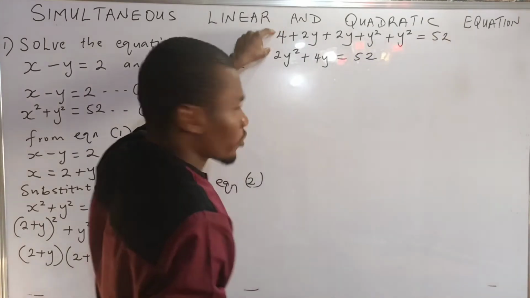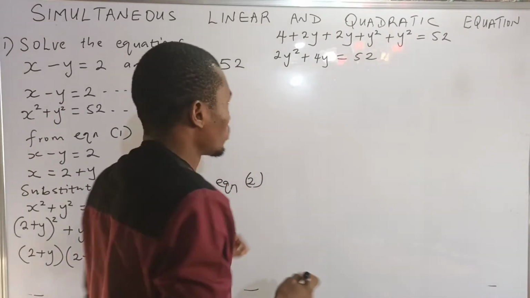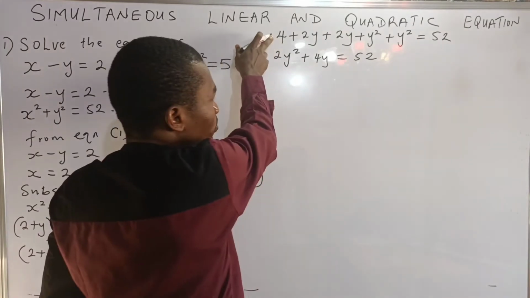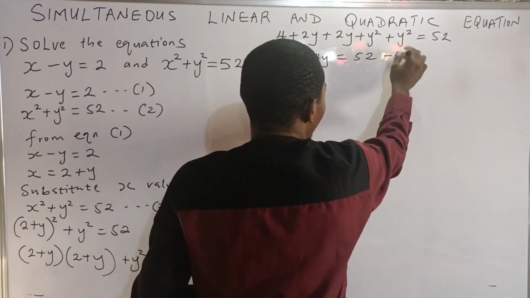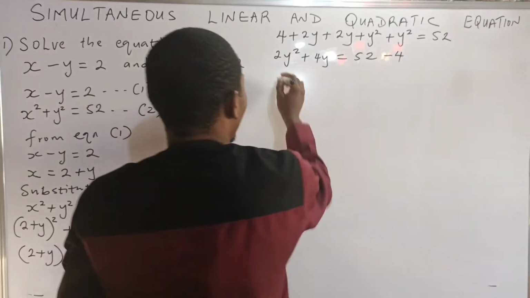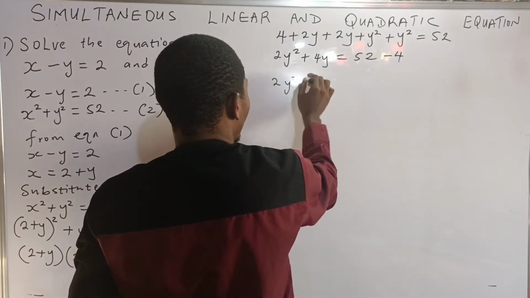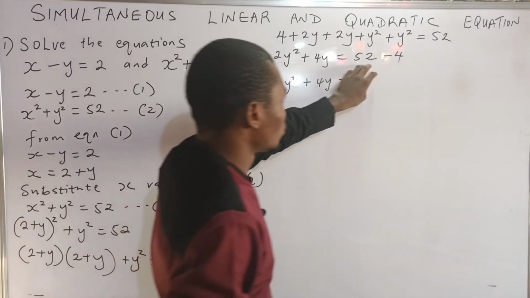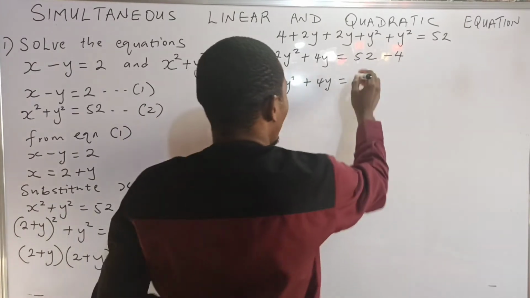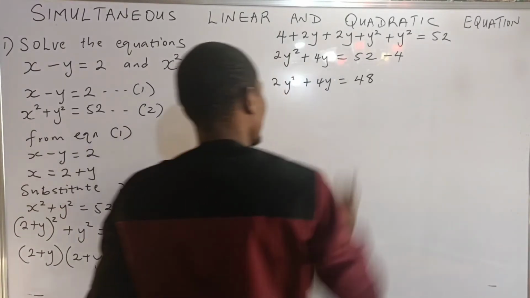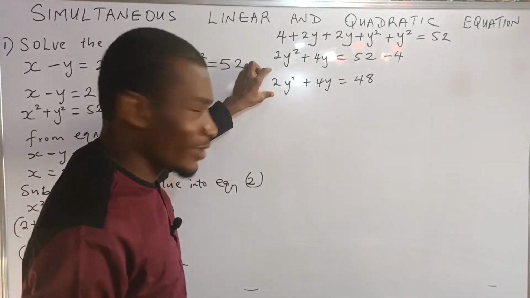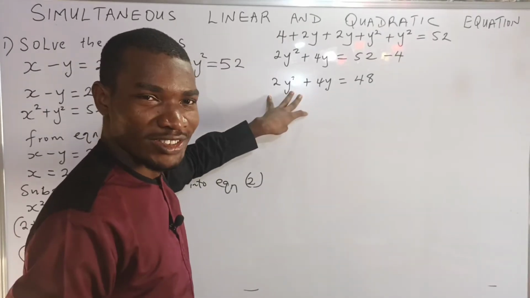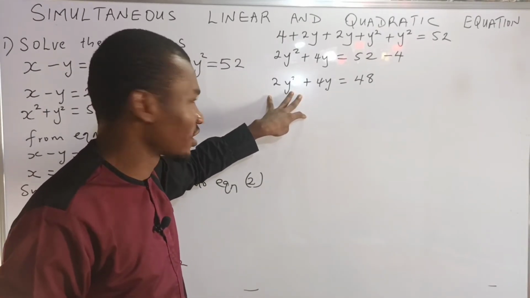Then when 4 crosses over to the right hand side of the equation, the sign will change from positive 4 to negative 4. Then I have that 2y squared plus 4y is equal to 52 minus 4, which gives us 48. Looking at this equation, it is a quadratic equation, hence we solve quadratically.